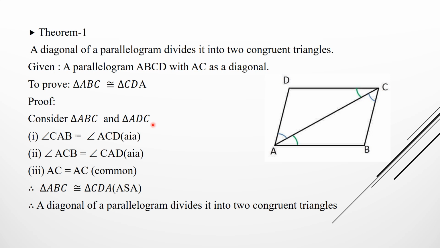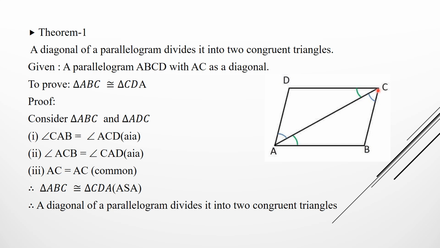In proof, let us start considering the two triangles, that is triangle ABC and triangle ADC. Since we know a parallelogram's opposite sides are parallel, we can consider AC as the transversal.